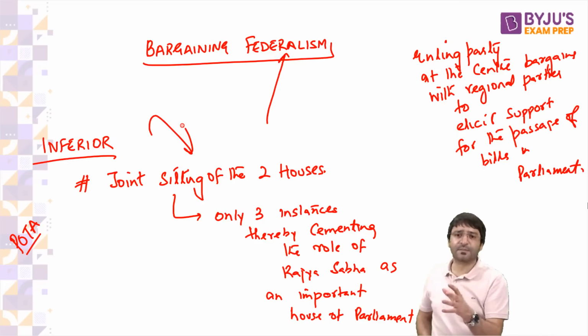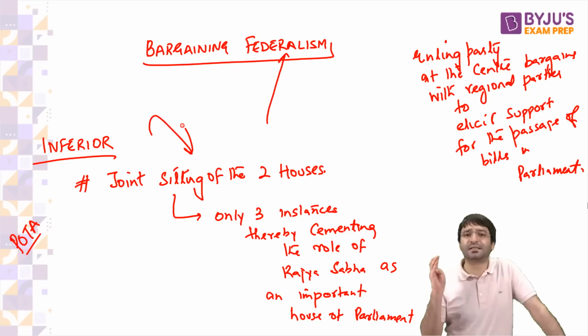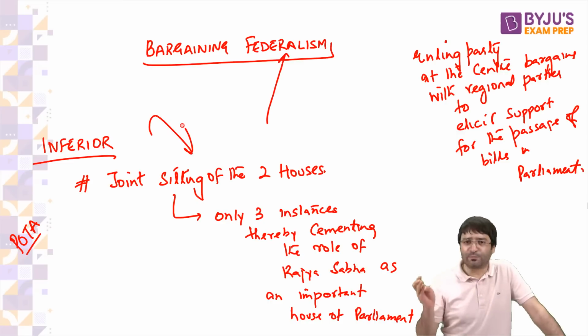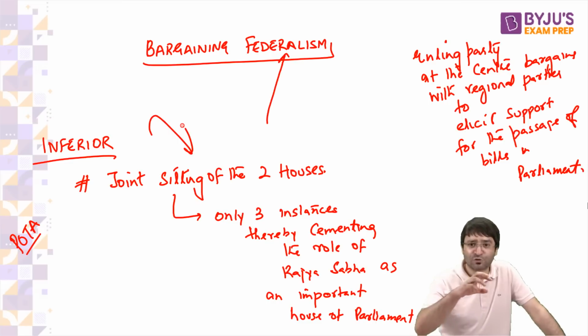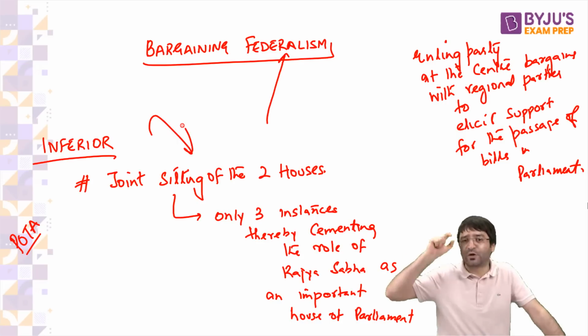Some say Rajya Sabha is significant because it is a second chamber of the parliament. All constitutional amendment bills need to be passed by Rajya Sabha separately. All emergencies that are to be imposed need to be approved by the Rajya Sabha. Rajya Sabha has an equal role to play when it comes to coalition governments, where no party has the majority, or at least the ruling party does not have the majority in Rajya Sabha.